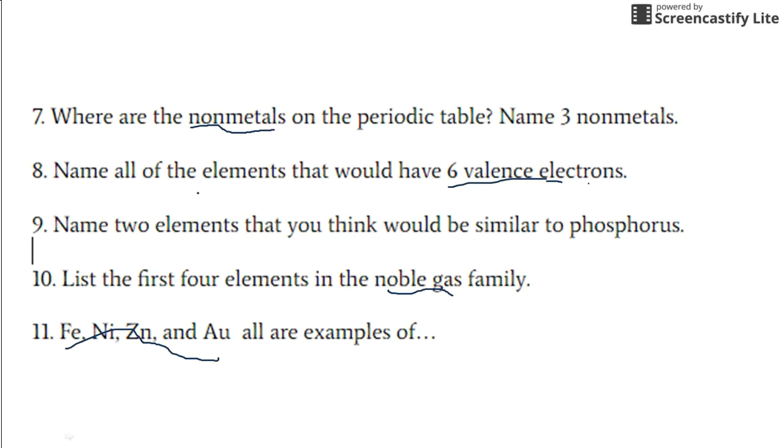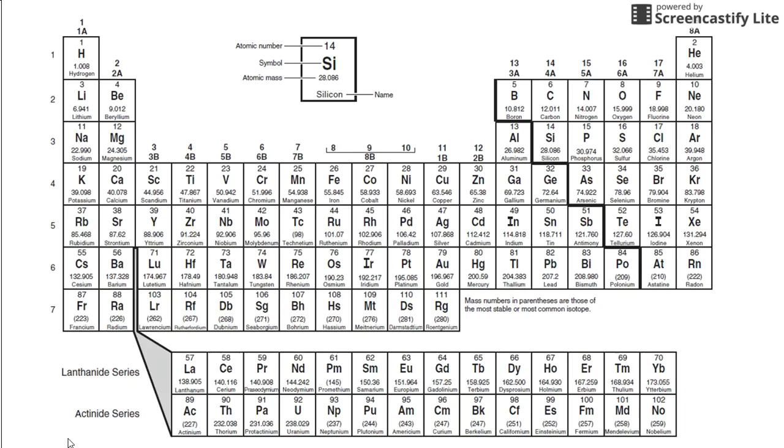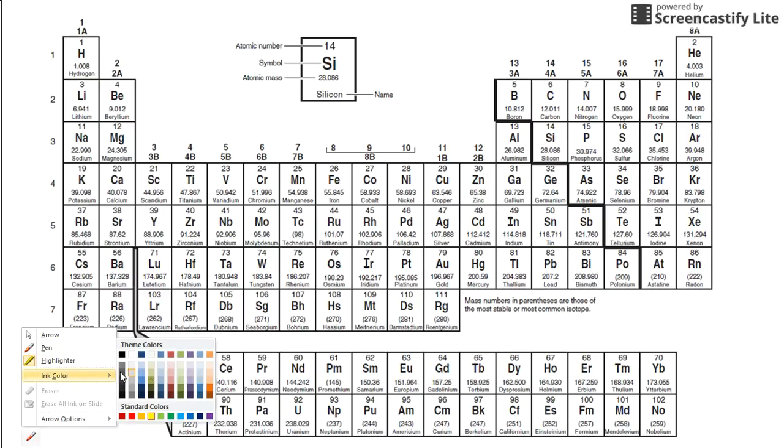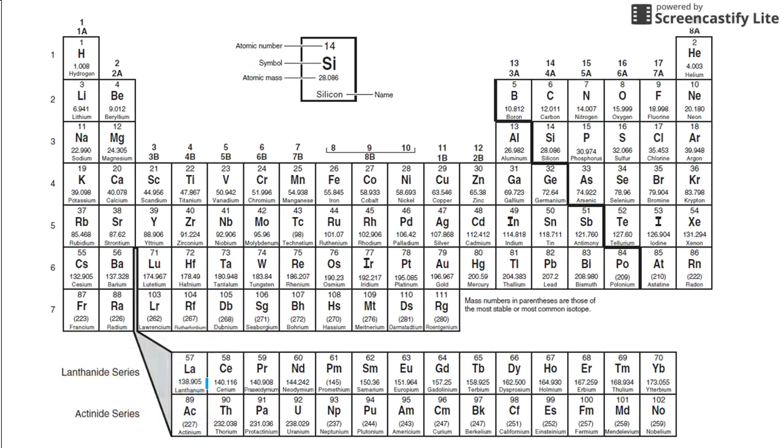Okay. First, nonmetals. Remember this stair-steppy line right here. That is what divides the metals from the nonmetals. Let me highlight those nonmetals over here in blue. Again, after the stair-steppy line, we don't usually include the ones that are exactly touching the line because those are metalloids.